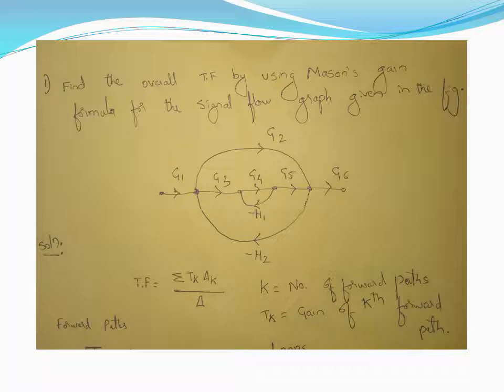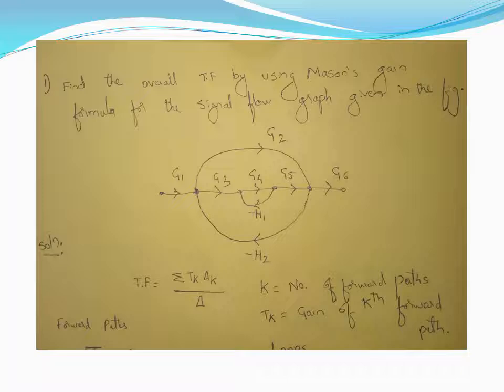The loops which are not touching each other are called non-touching loops. If you consider loop L1, that is minus G4 H1, it is not touching L3, that is minus G2 H2. So these two loops are non-touching loops.